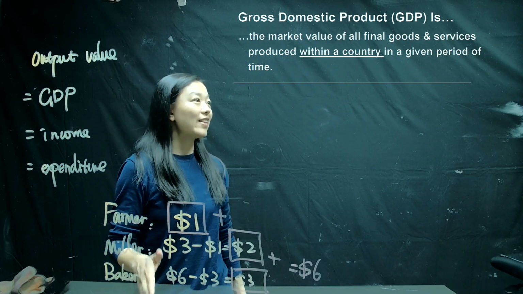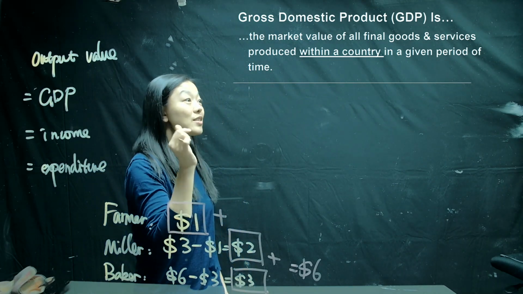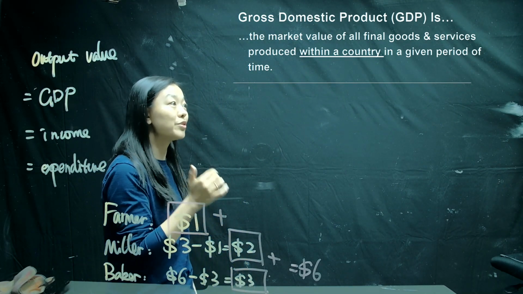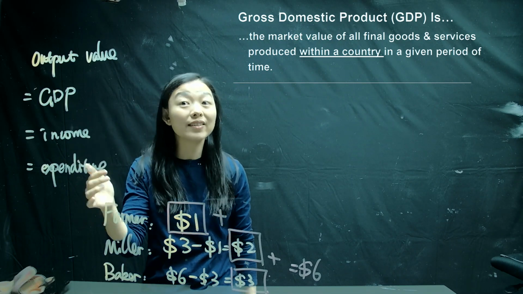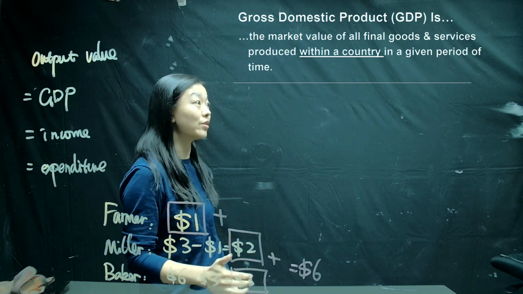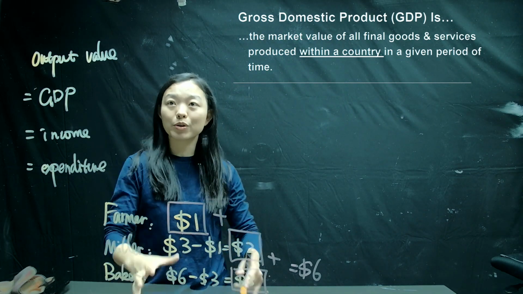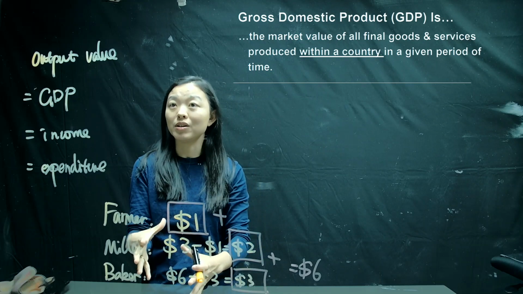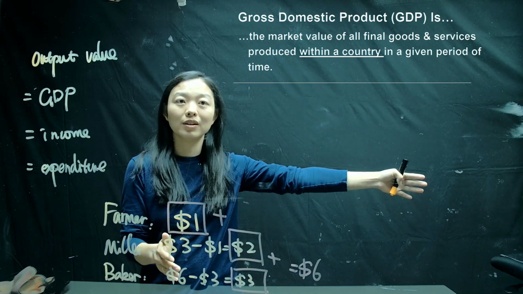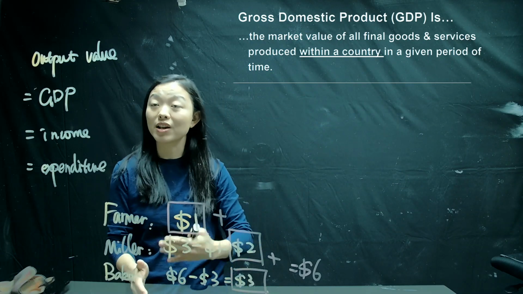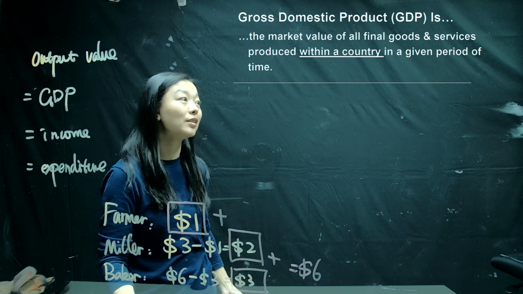And then let's look at another part of GDP. It is the market value of all final goods and services produced within a country, in a given period of time. So there is a boundary to compute GDP. Something produced in foreign countries cannot be counted in our country's GDP, right?